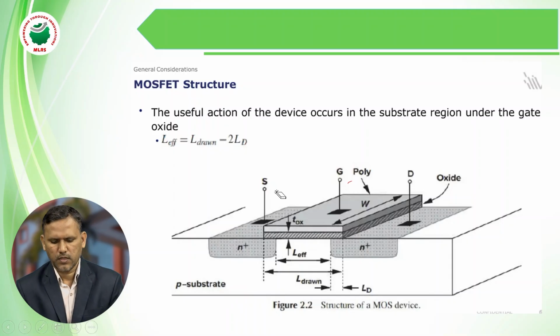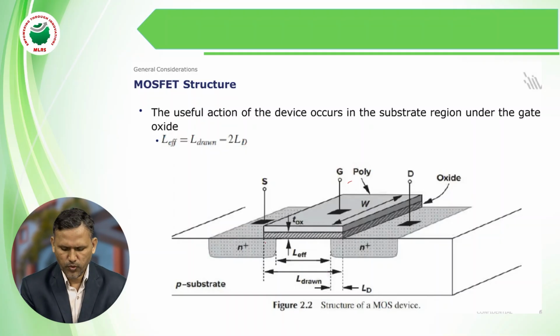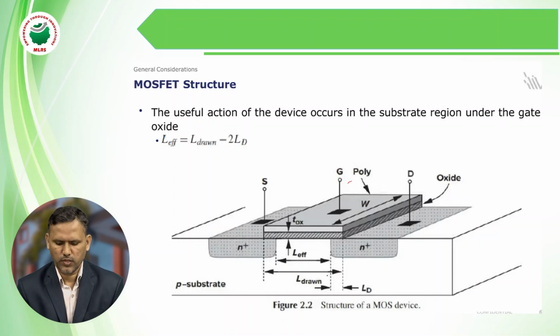Next, in this structure we can observe the effective length between the source and the drain that gives the channel length. That is represented as L effective, the effective length between the source and drain. And the total length between the source and drain is called L drawn.